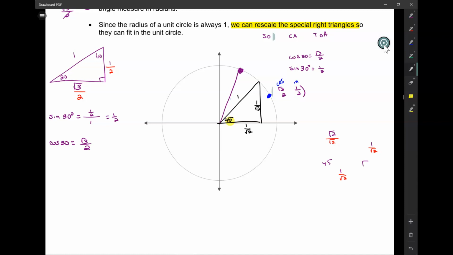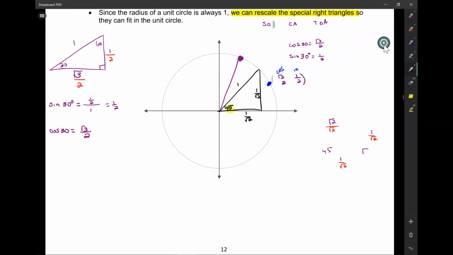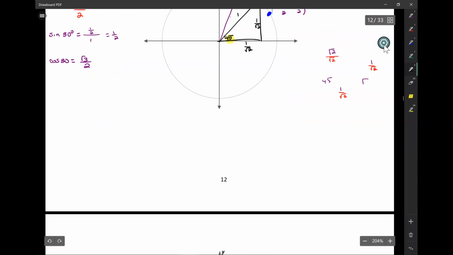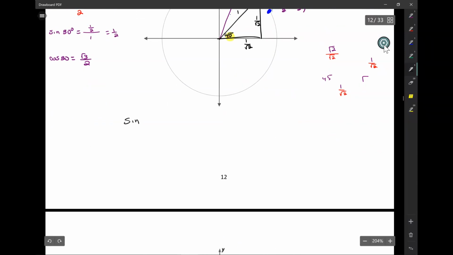So it's all about, if I'm asked for sine of 60 degrees, I think to myself, okay, 60 degrees, that's the larger angle. So to go up there, you have to go up a longer distance than you have to go horizontally. So that's the root 3 over 2.